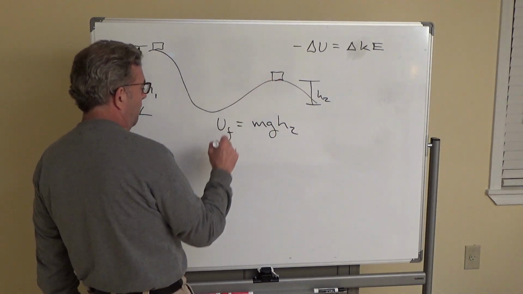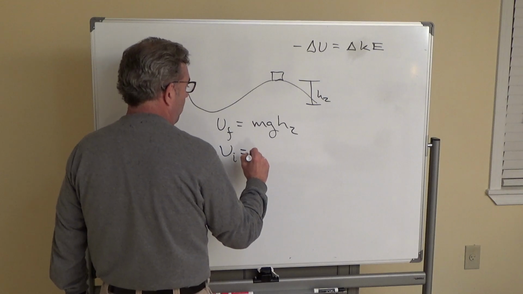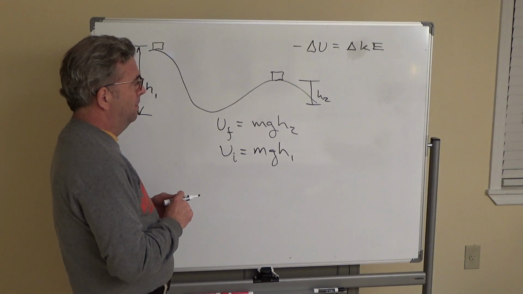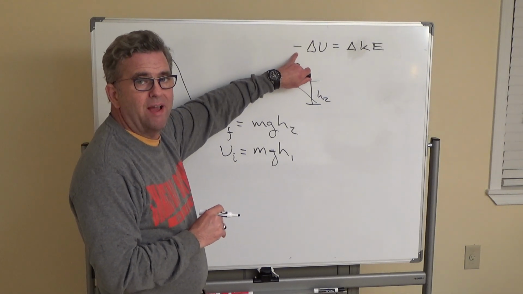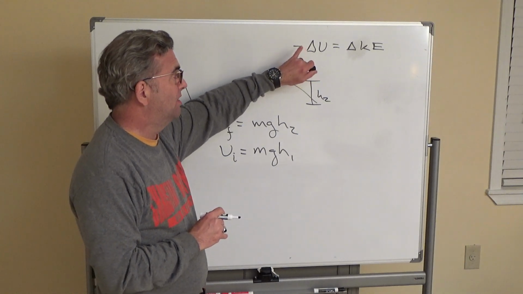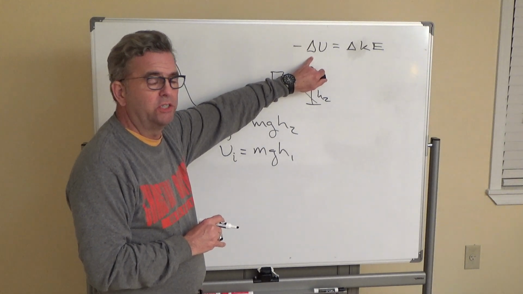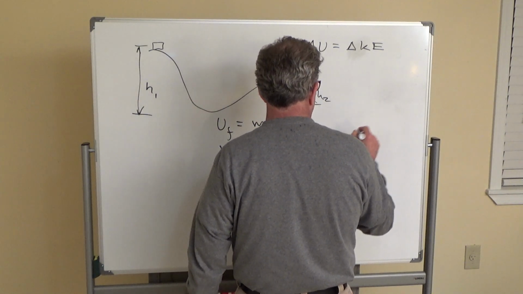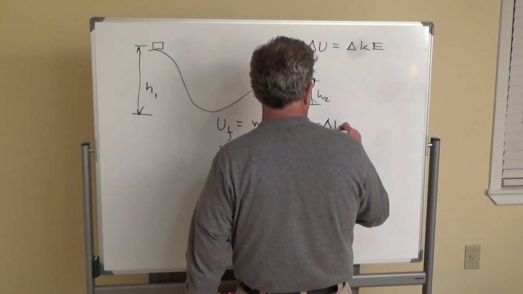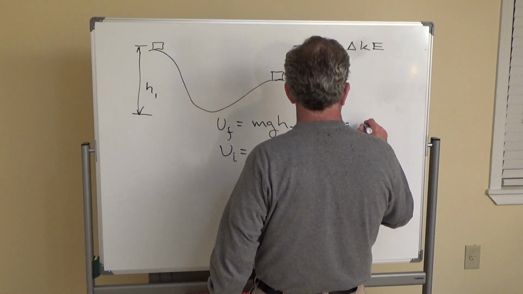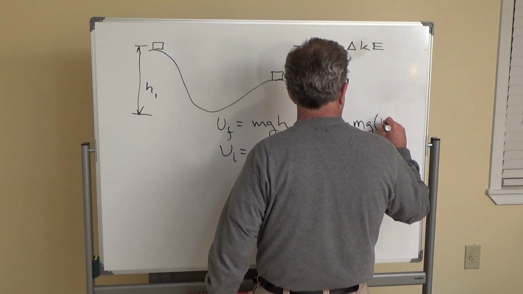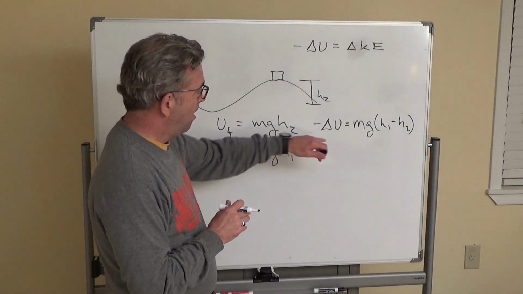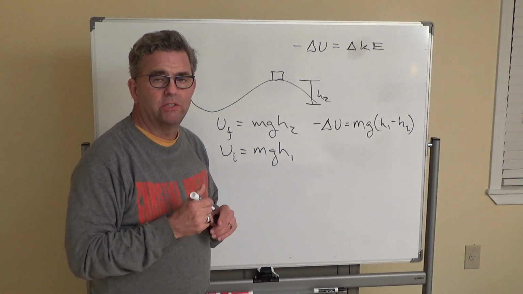If you go from here, U initial would equal mgh1. And the work done by gravity is the negative of the difference in potential energy. So negative delta U is equal to mg(H1 minus H2). Okay? And from that, you can calculate the change in kinetic energy.